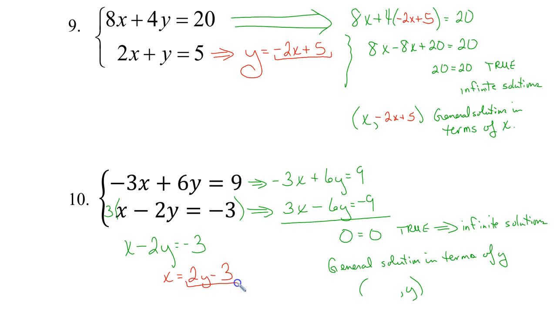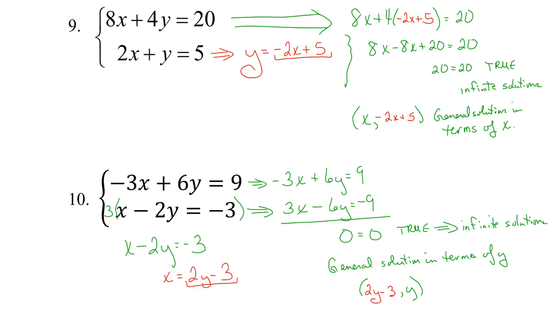Now I have an expression for x in terms of y. And so the first component of my ordered pair is 2y minus 3, and the second component is y. So now you have an example of infinite solutions where the general solution is written in terms of x, and infinite solutions where the general solution is written in terms of y.